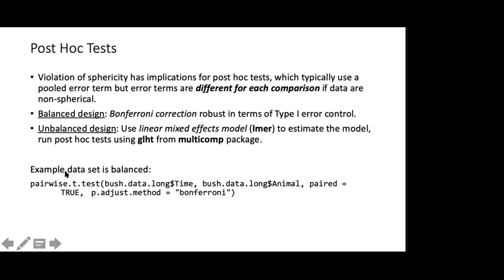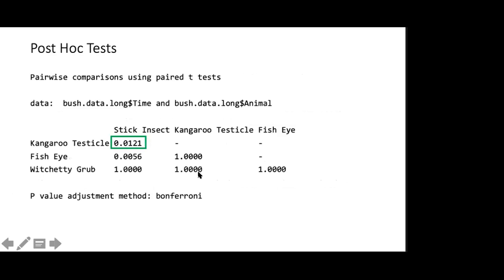Okay. Since our example data set is balanced here, we can just use the pairwise t-test function that we talked about yesterday, which comes as a base package, and then use the Bonferroni method for adjustment, and that should be good.